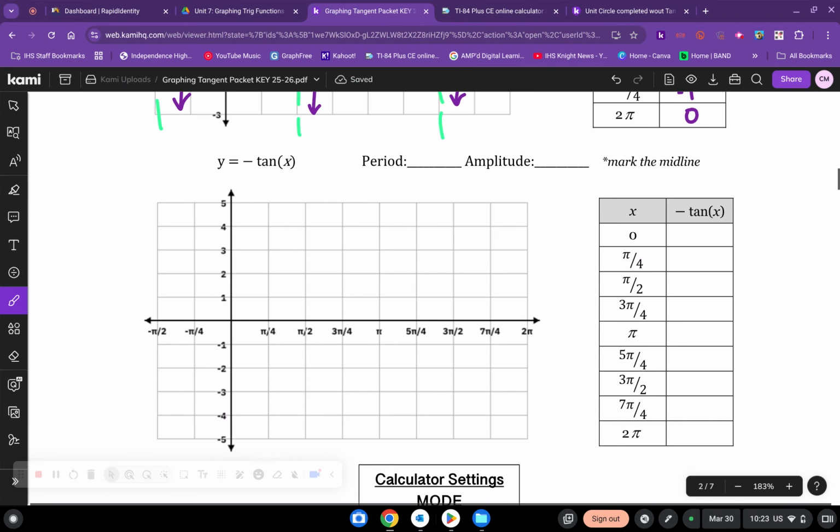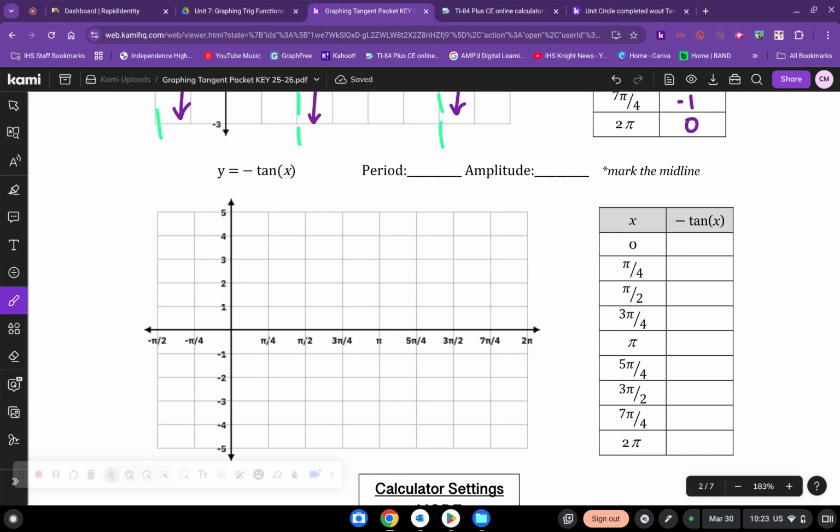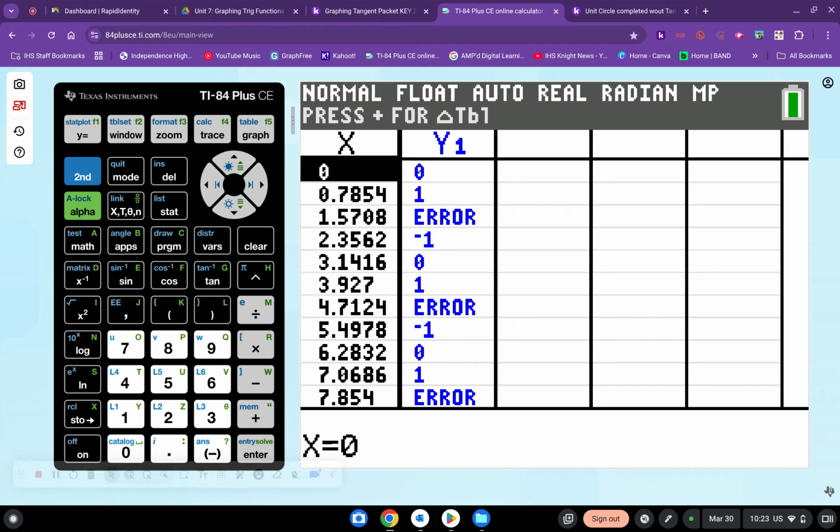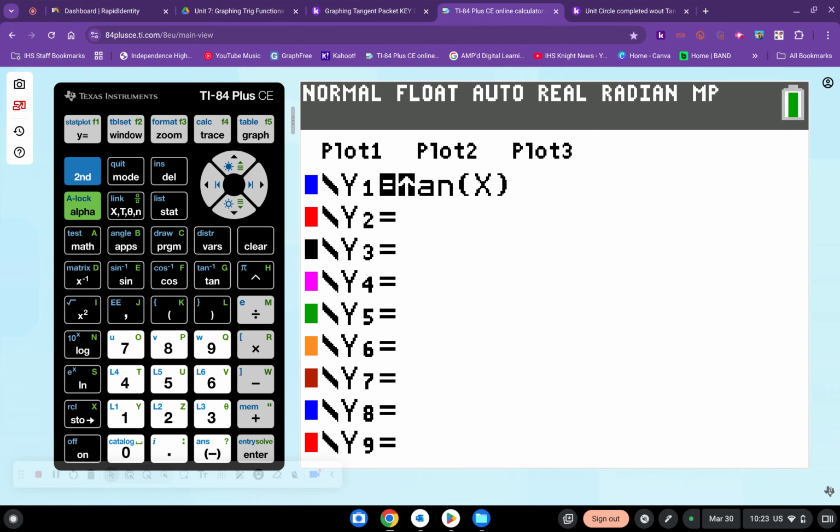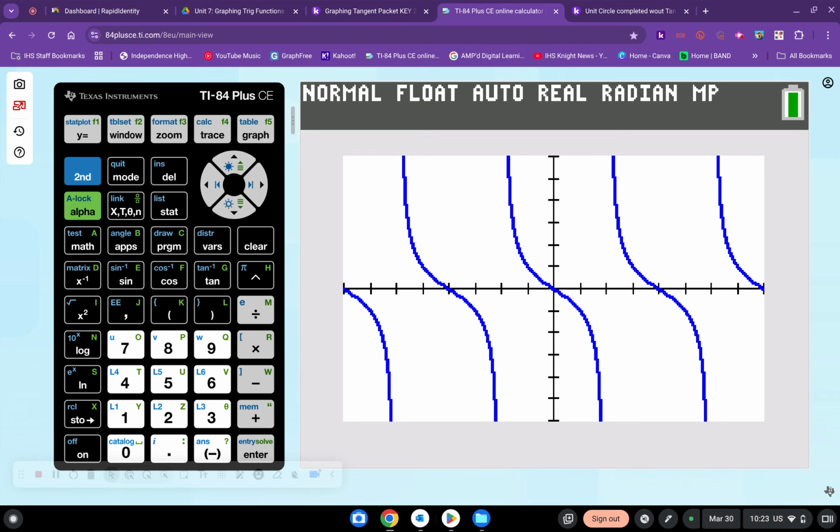So the function negative tangent of x, let's go back to our calculator. I'm going to insert a negative here and graph the function of negative tangent of x. Notice how the wiggle is going in a different direction.